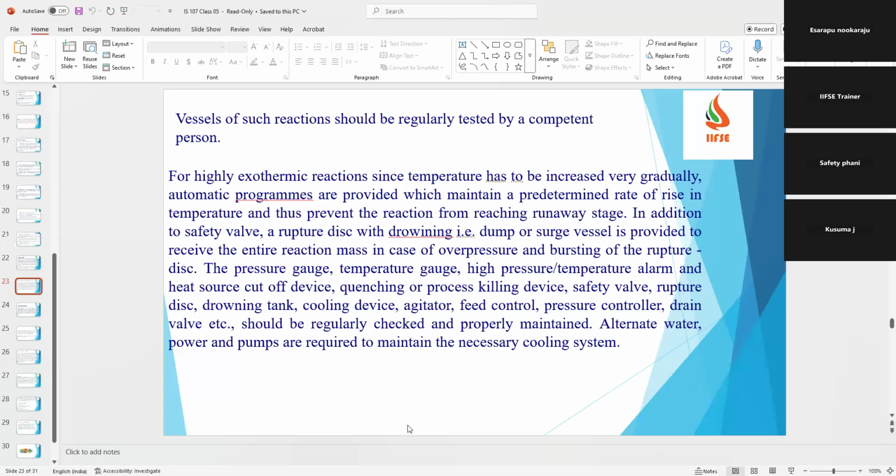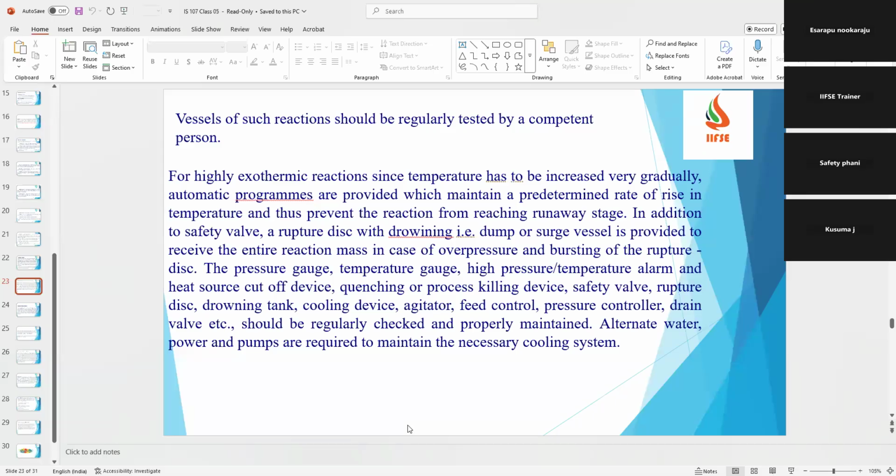In addition to safety valves, a rupture disc and a drowning, that is a dump or surge vessel, is provided to receive the entire reaction mass in case of any overpressure or bursting of the rupture disc. So the rupture disc will be over the safety relief valve. For example, if the safety relief valve is set at 1 kg, maybe the rupture disc will be installed at 1.5 kg or 2 kg or 2.5 kg.